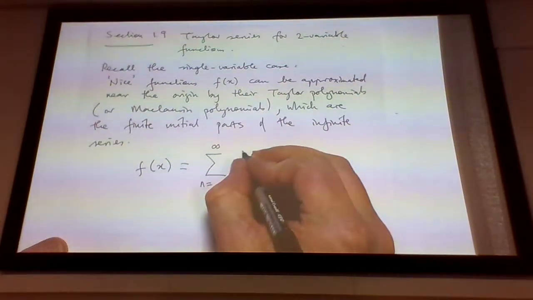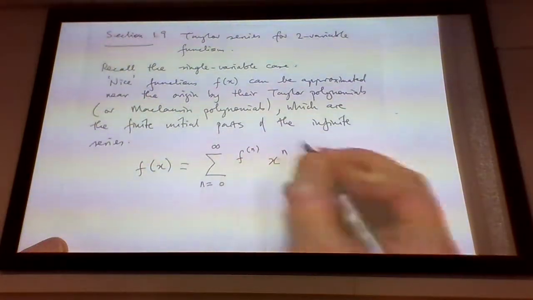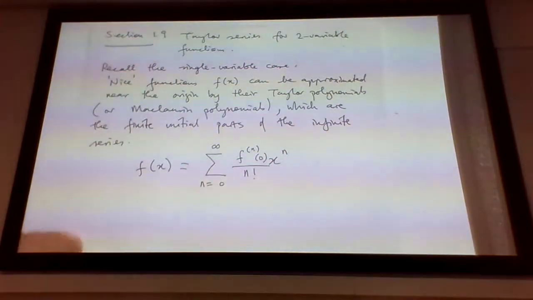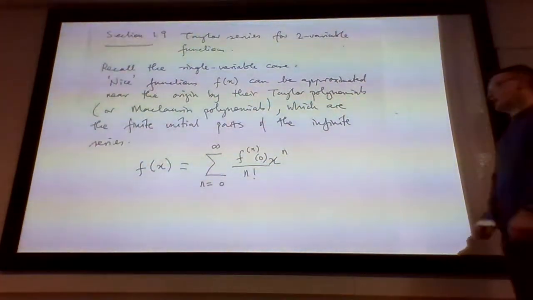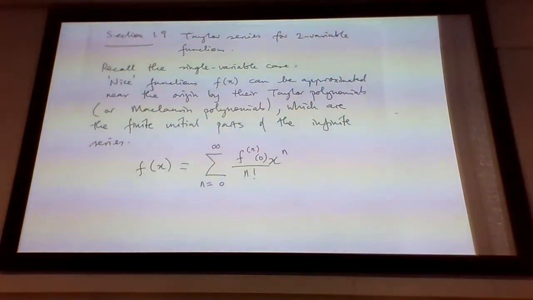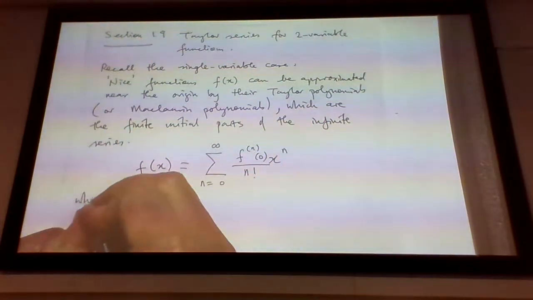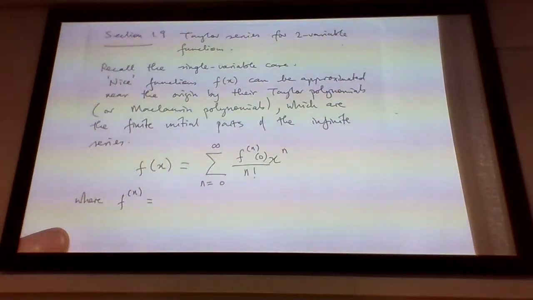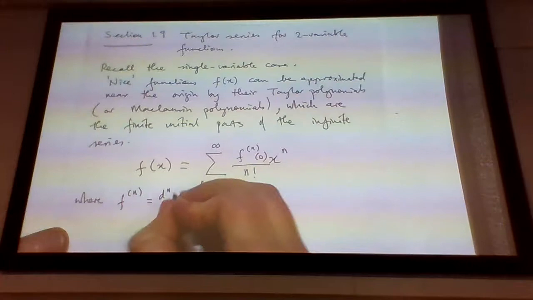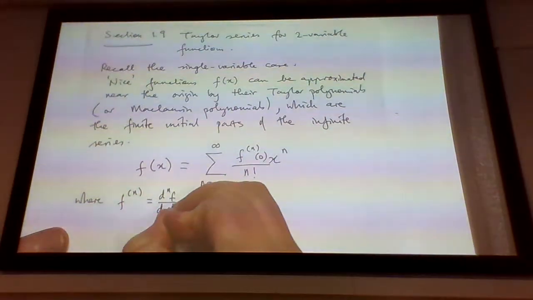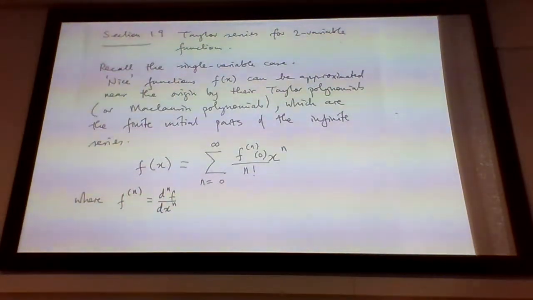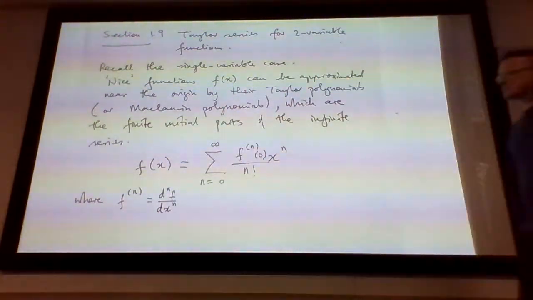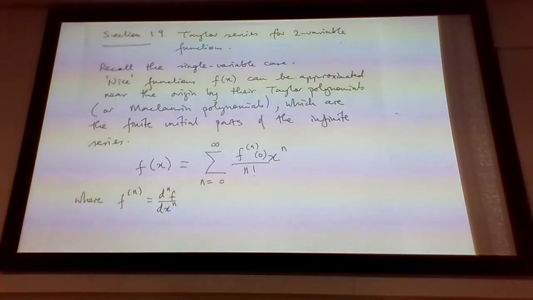The coefficient here is f superscript (n) in brackets, evaluated at 0 and divided by the factorial of n, where f superscript (n) refers to the nth derivative of f. It's a short, compact notation for the nth derivative, superscript in round parentheses.